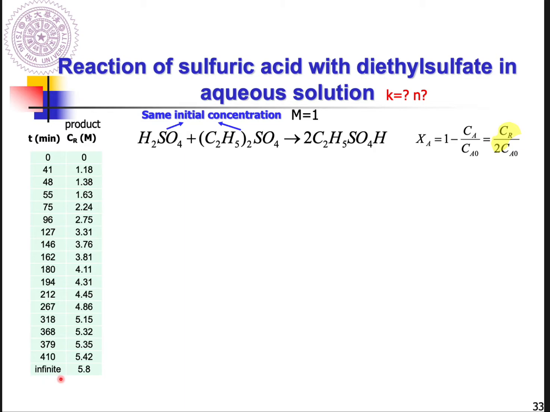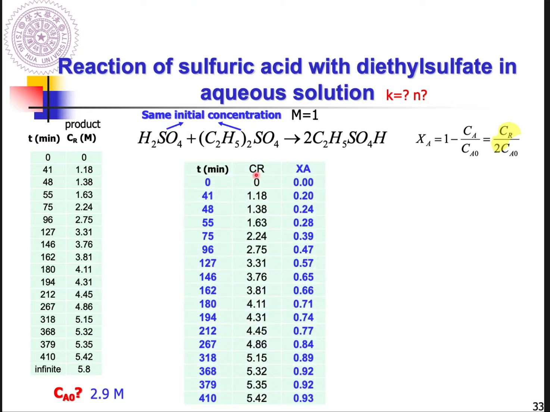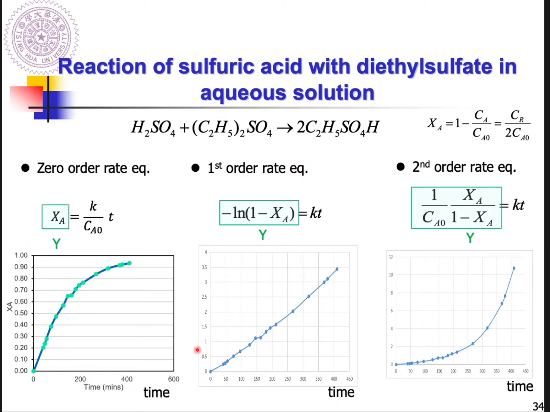At time infinity, we get the product concentration of 5.8. 5.8, so you get 2.9 in the beginning. As long as you know this, you can successfully get XA as a function of time here. Then we input this data into the particular forms for zero, first, and second order.